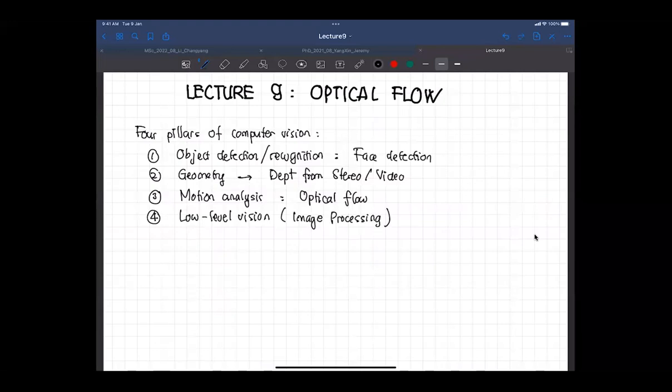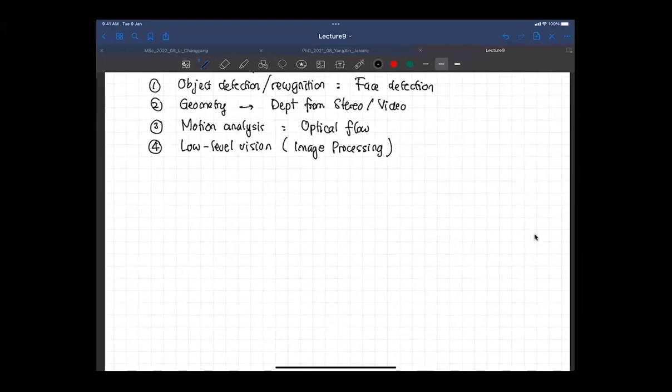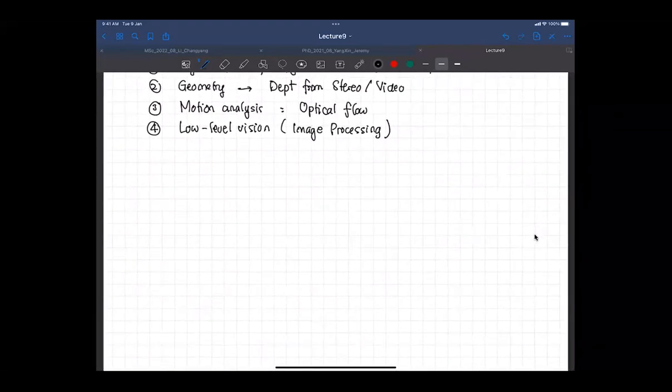Okay, so these are the two remaining pillars that we will discuss in the remaining time. Okay, so let's focus on optical flow. Now, the question in your mind, if you heard this for the first time, is: what is optical flow?